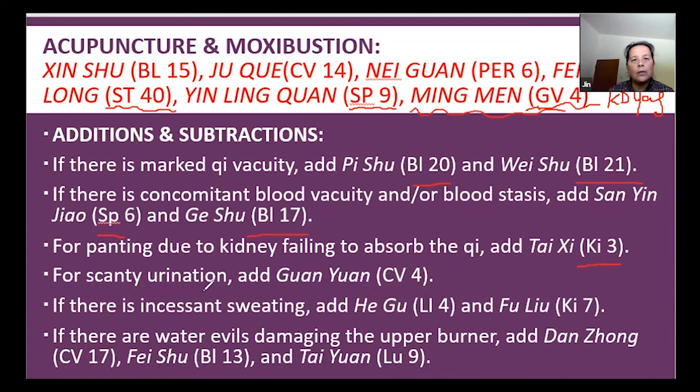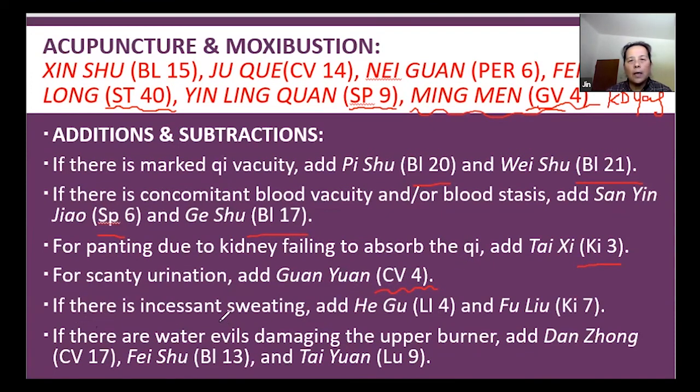For scanty urination, those are basically tonifying points, mainly working on our yuan qi. So our yuan qi has a closer relationship with our kidneys.